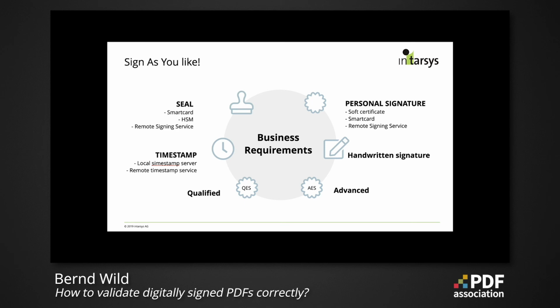You can have this also in the signature qualities qualified or advanced. And if you like, you can also include your handwritten signature taken by a pressure sensitive pad in your digital signature, so that the user experience is more or less the same as writing or signing on paper, but you end up with a highly secure digitally signed document.